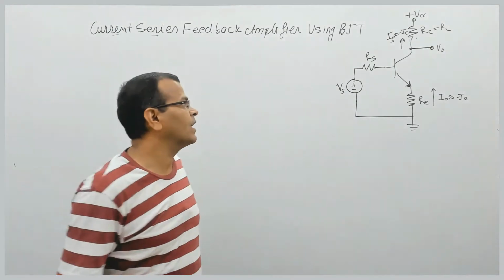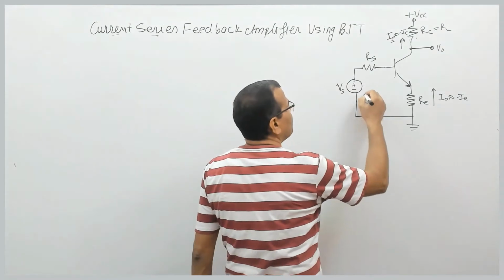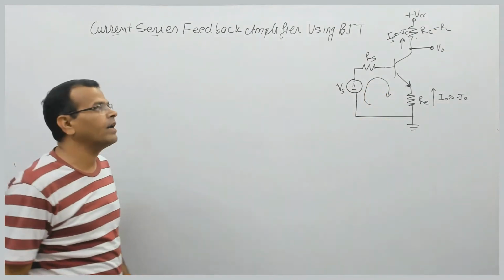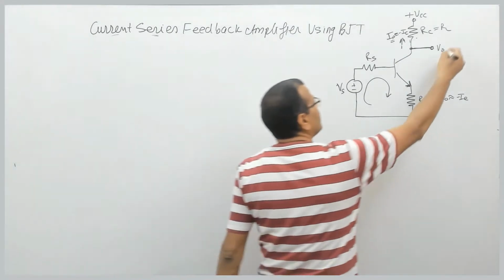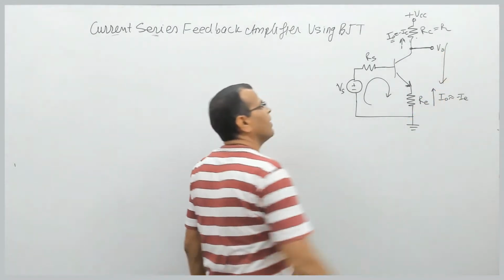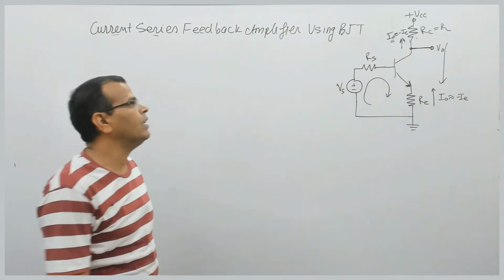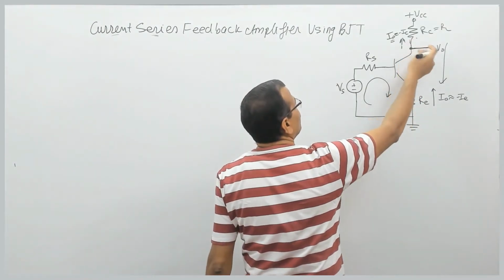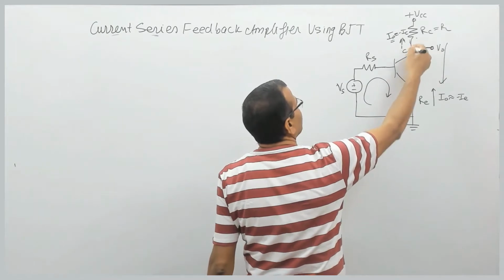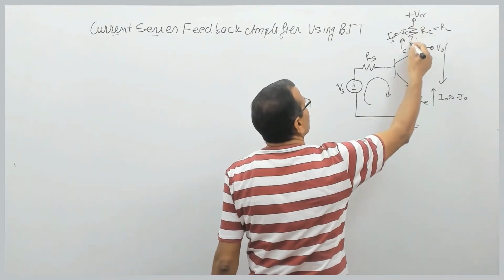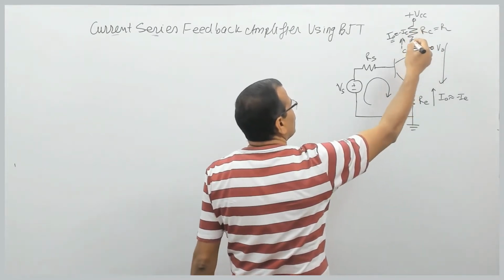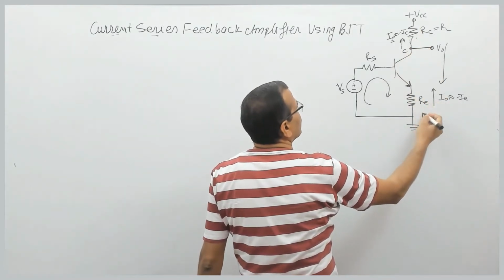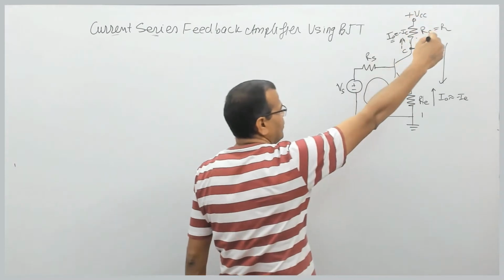So you see the circuit, this base emitter circuit is input circuit of any amplifier, and collector to emitter circuit is output circuit of the amplifier. Fine. So here you can see that output current which flows into the load from the output terminal, which is collector terminal, this is load, so output current will be flowing into the load. So here that output current will be entering into the emitter terminal because that is going upward, right?